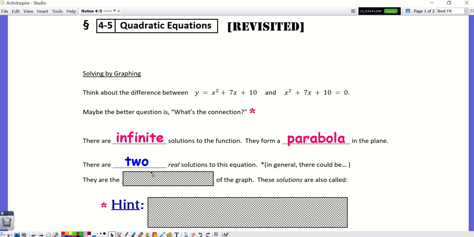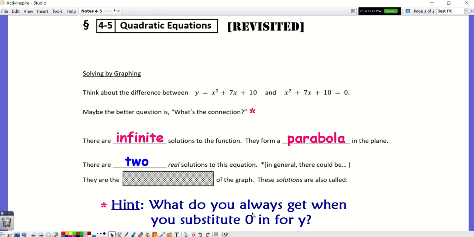Okay, now here's where we make a big revelation. You ready? Big moment coming up here. The two real solutions to this equation, stay with me here. How do the solutions to this equation relate to the graph of this equation? Here's a hint.